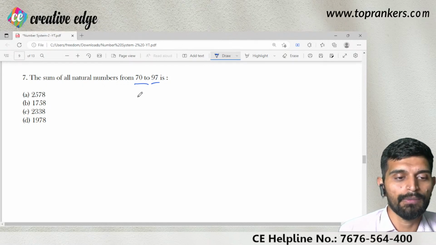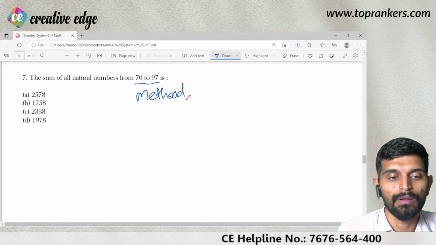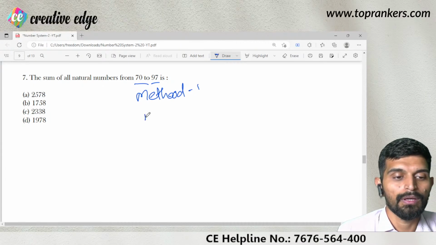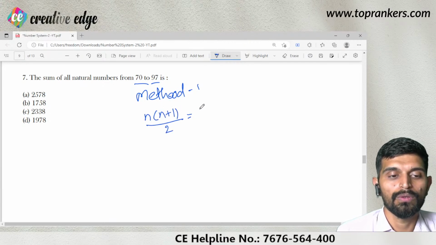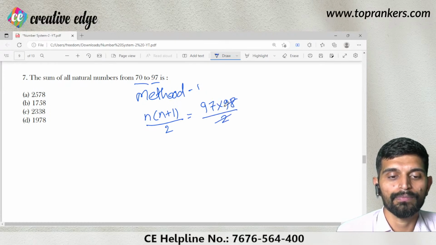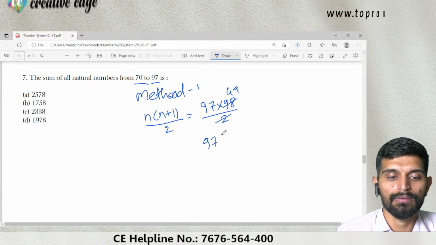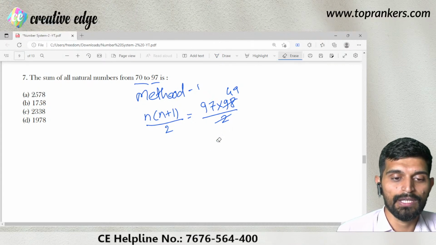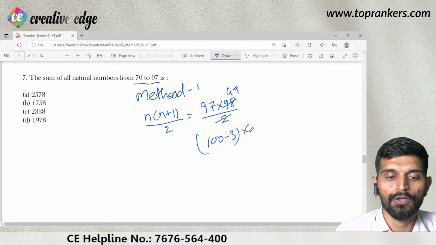So let me solve it both methods. Method 1, n into n plus 1 by 2. So 97 into 98 by 2. So this is 97 into 49. This 97 can be rewritten as 100 minus 3 into 49.